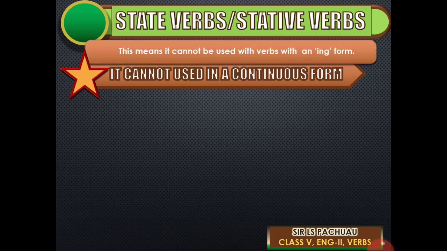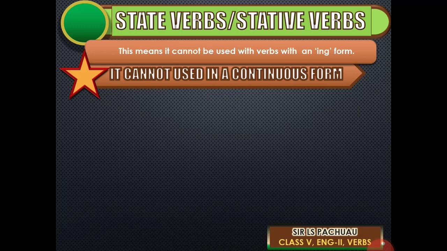There are verbs with ing form: knowing, liking, doing, like that. When we say do, it's a simple present tense, but when we say doing, it is a continuous tense.